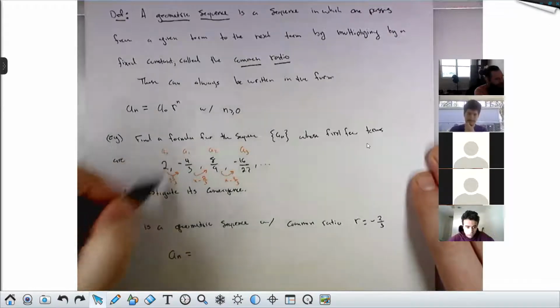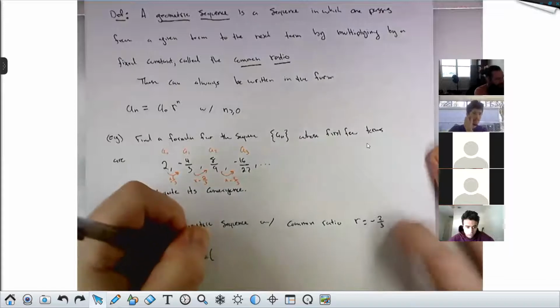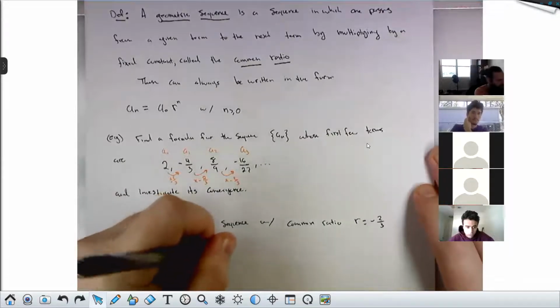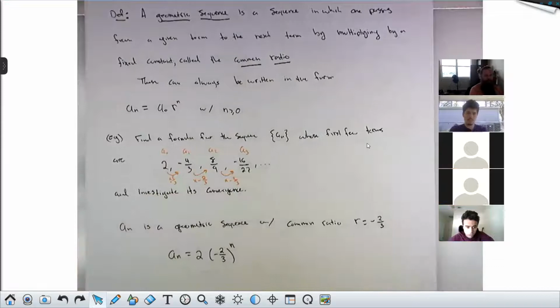It will be a0, which is 2, times r, which is negative 2/3, to the n. And this makes sense, right? I start with 2. And if I want to get to like the third guy, I have to multiply by negative 2/3 1, 2, 3 times. So that means I take 2 and I multiply by negative 2/3 to the 3. So this is the formula for the sequence whose terms start like this, and it's called a geometric sequence.